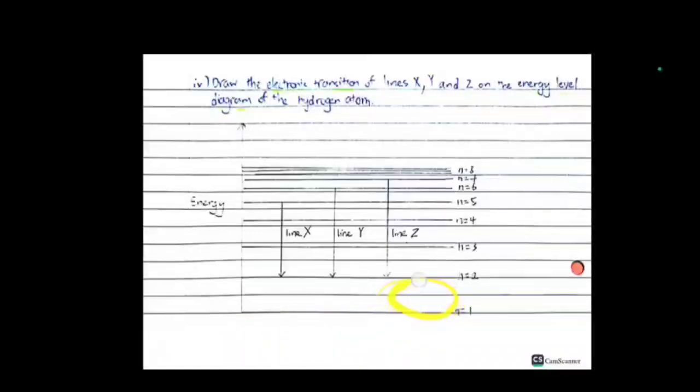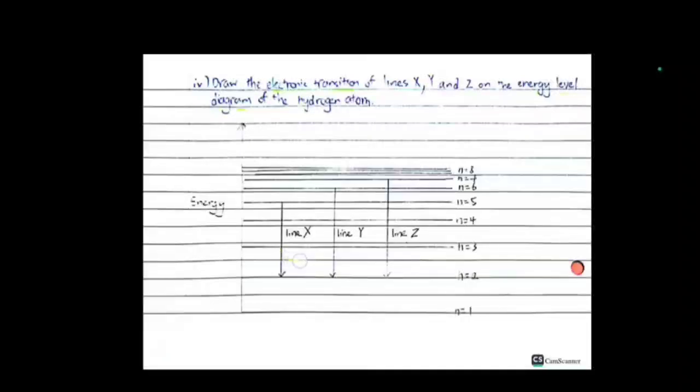One skill is that each gap between the energy levels becomes smaller and smaller and finally reaches a convergence limit. This is the convergence limit. The gap becomes smaller. This is how we draw the energy level diagram.